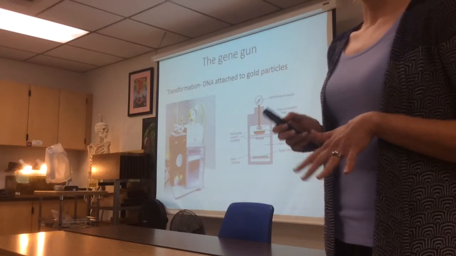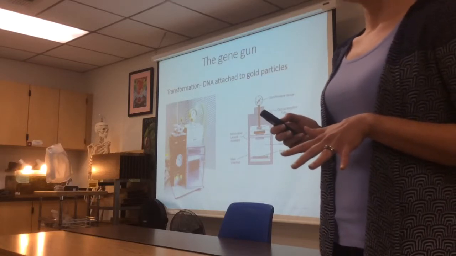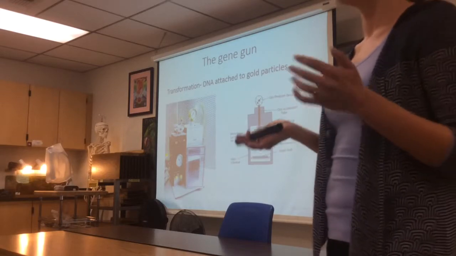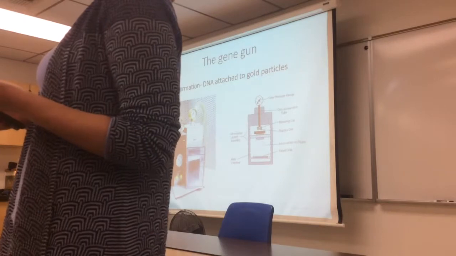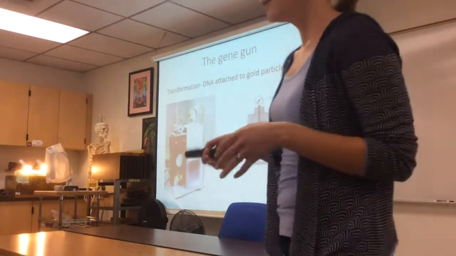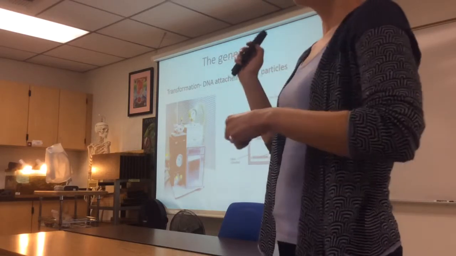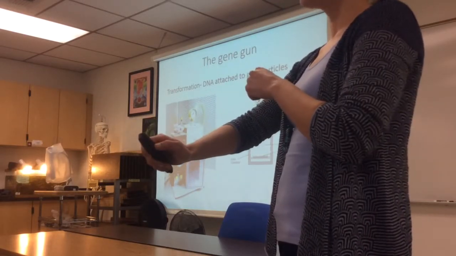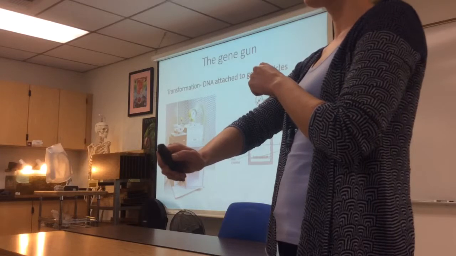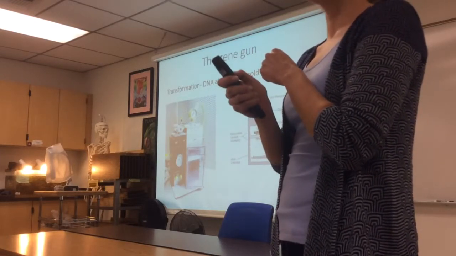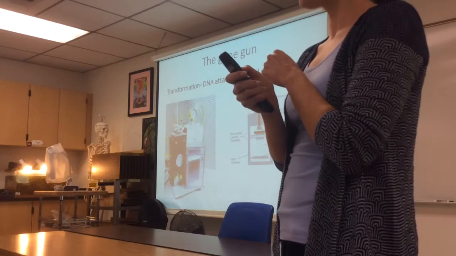If you remember the gene gun, you can take DNA or the sequence of the gene that you want to put into a new crop, attach it to gold particles, put your gold particles with the DNA into this machine, and shoot those gold particles at your plant tissue, and with some frequency that DNA gets incorporated into the genome of the plant tissue.